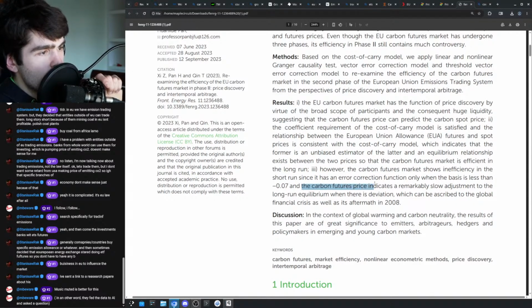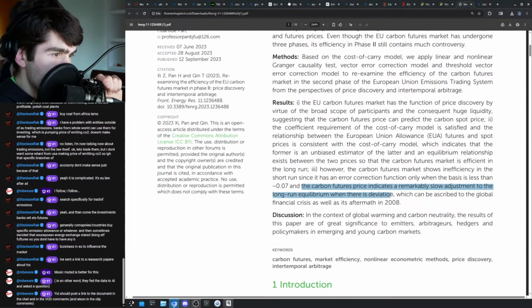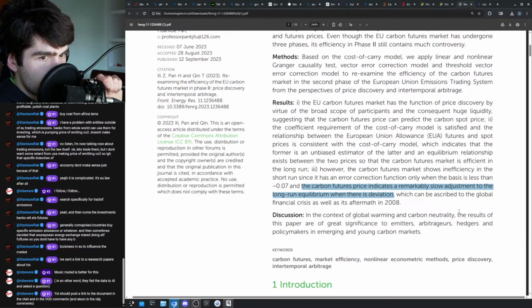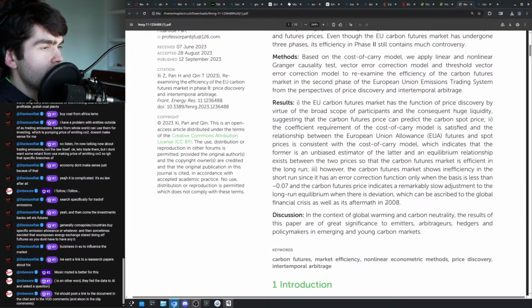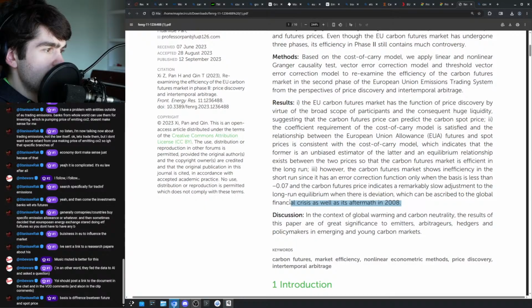The carbon futures price indicates a remarkably slow adjustment to the long-run equilibrium when there is deviation. So we're talking about change here. Here we go. Which can be ascribed to the global financial crisis as well as the aftermath of 2008. So I guess, I should look into this, right?